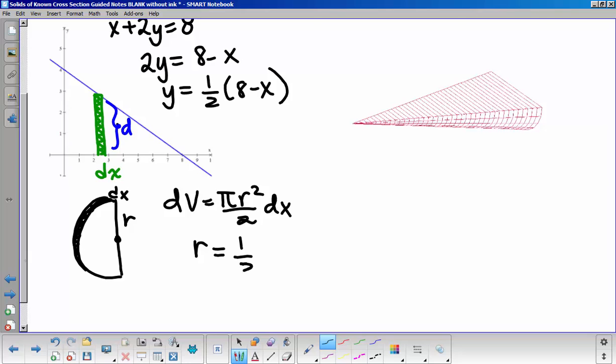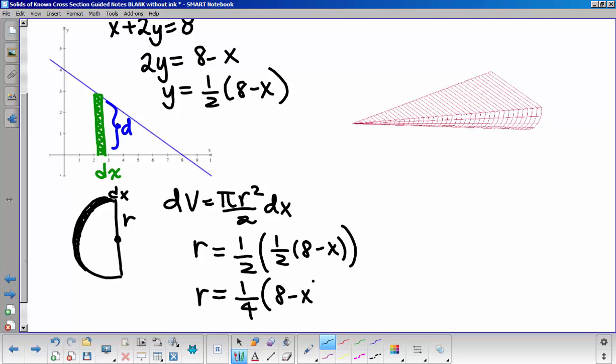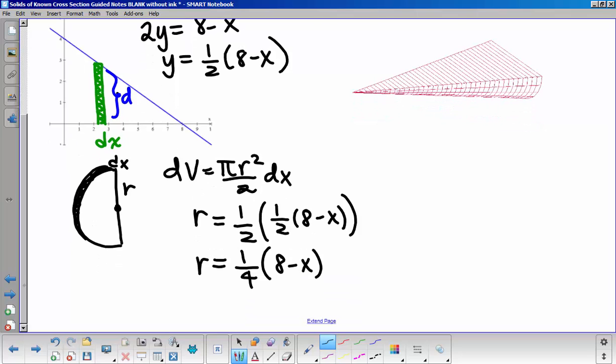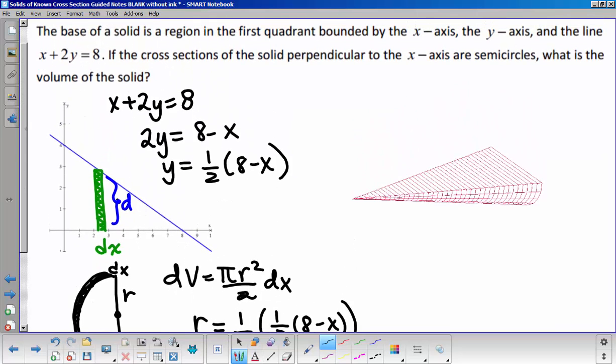It's going to be 1/2 of 1/2 times 8 minus x. And so you're right, Elaine, it's going to be 1/4 times 8 minus x. Where'd you get the first 1/2 from? I had to solve the equation of the line for y, and I just divided by 2.